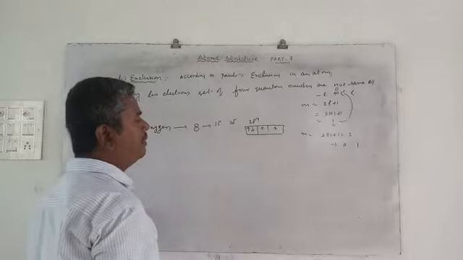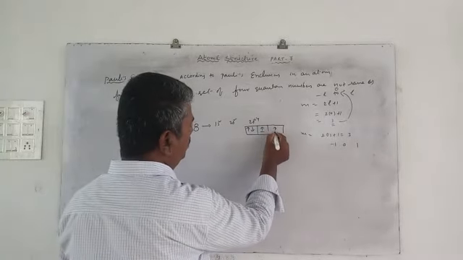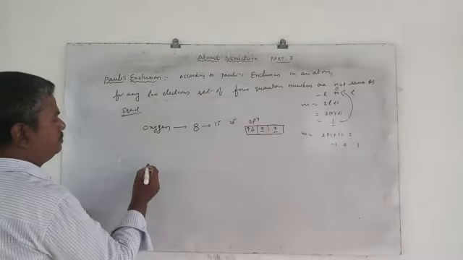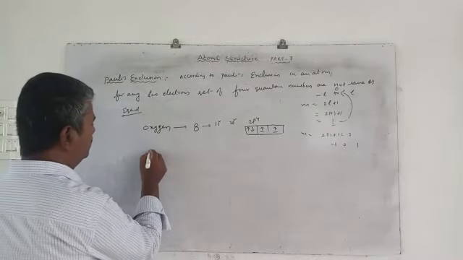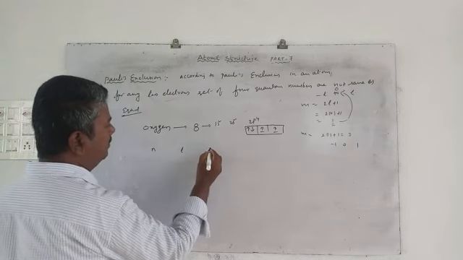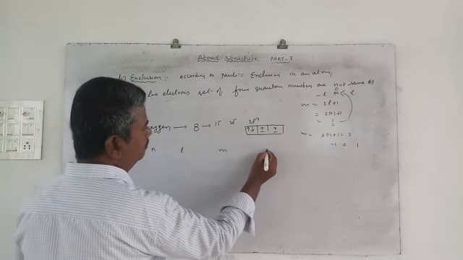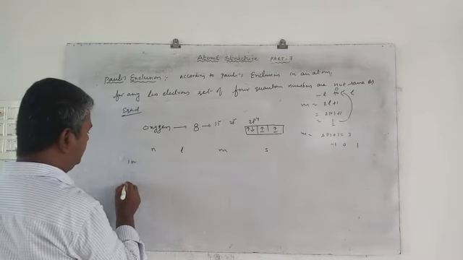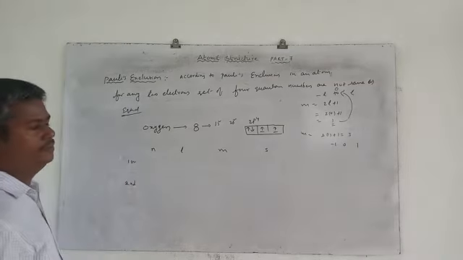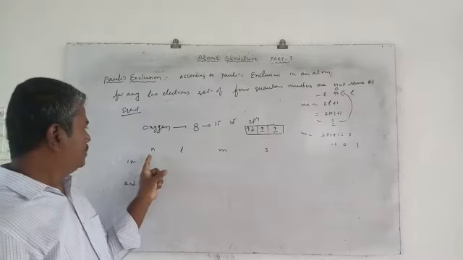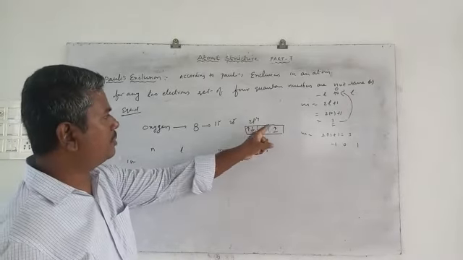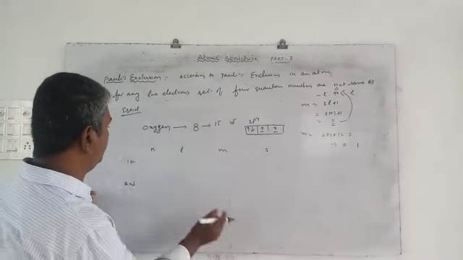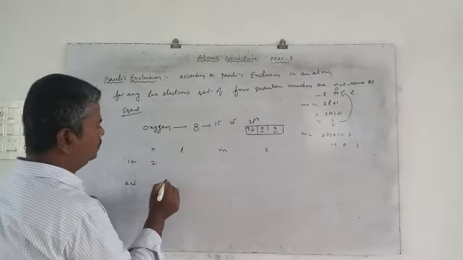Now I want to write the set of 4 quantum numbers for these 2 electrons: n value, l value, m value, s value, for the first electron and the second electron. So these 2 electrons are present in which orbit? Second orbit. So the principal quantum number is the same for both, 2, 2.